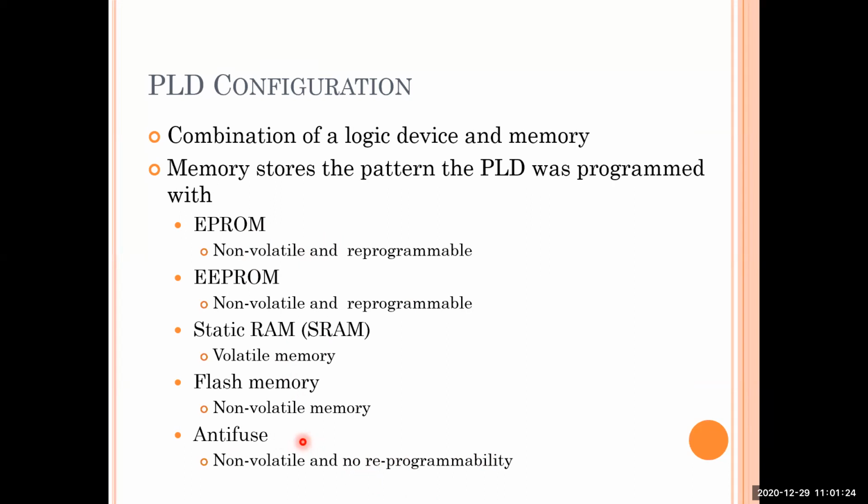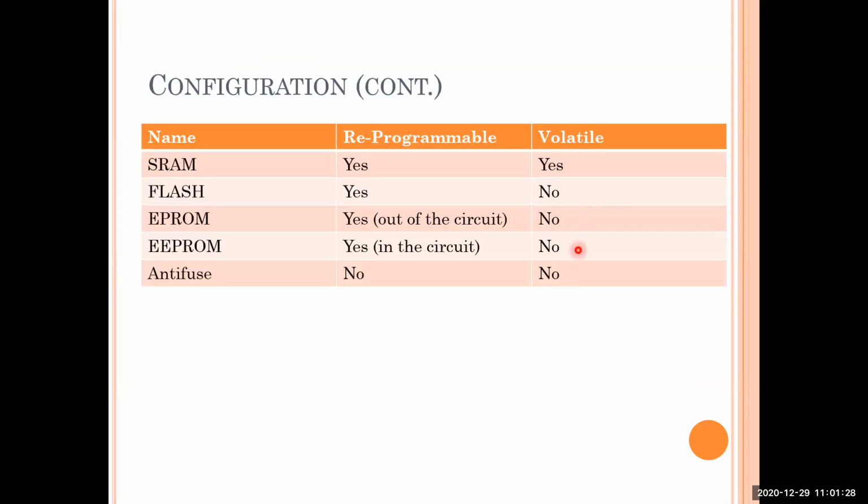So this is the configuration of how PLDs have been designed. You can see here now all this data I have put in one particular slide. Only in the case of anti-fuse, you cannot reprogram. SRAM is volatile, and all the others are non-volatile memory elements.